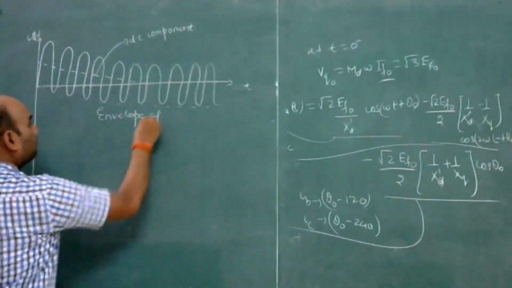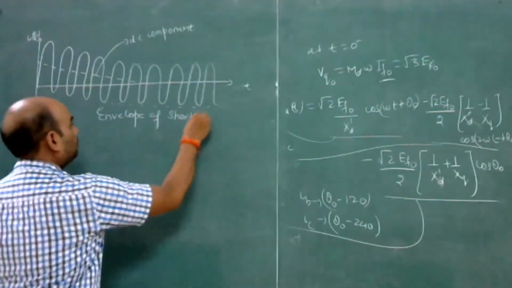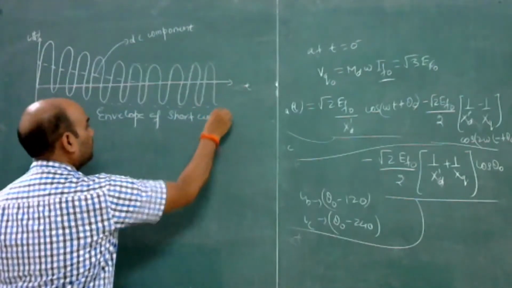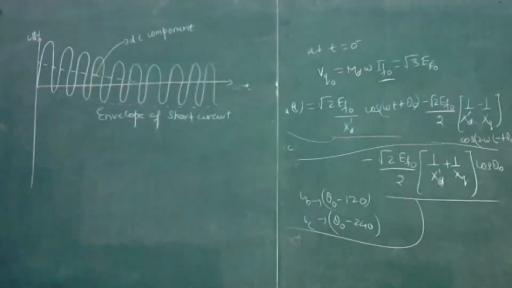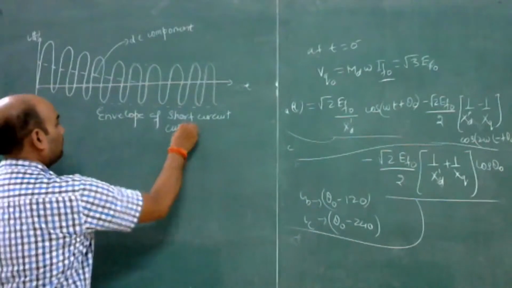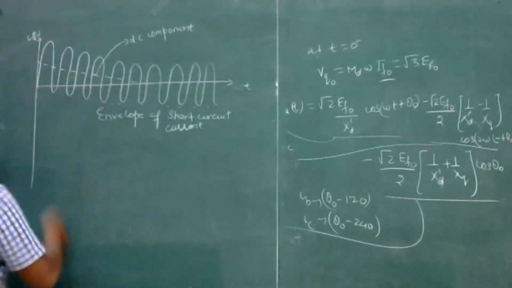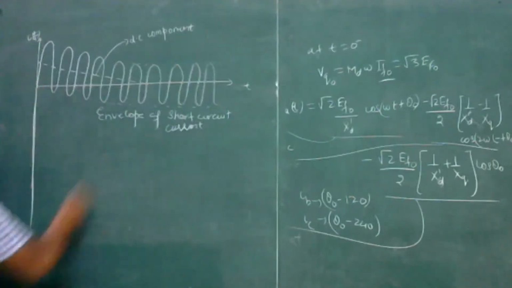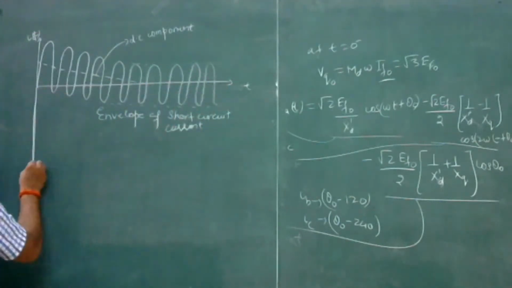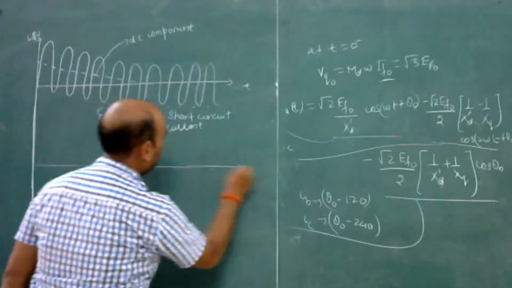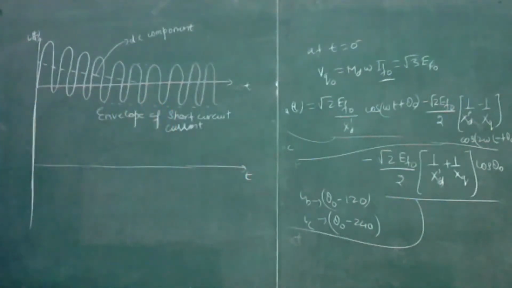So this is the envelope of the short circuit current. This is a transient condition, and after some time it settles down to the steady state condition.